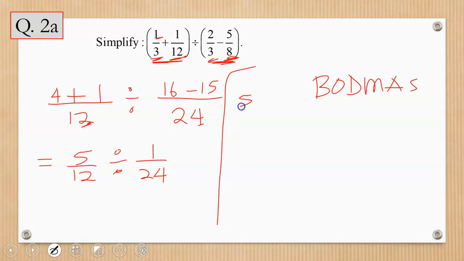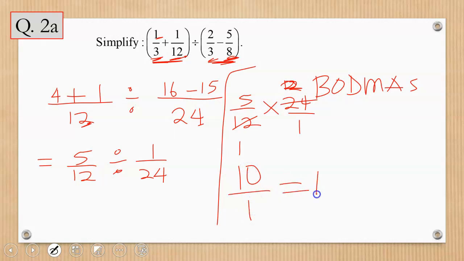So we are going to have 5 divided by 12 times 24 divided by 1. We can do simple cancellation. 12 can divide itself here and divide 24 here as 2. And 2 times 5 is 10 divided by 1, which is of course the same as 10. And so for this very question, the answer is 10.